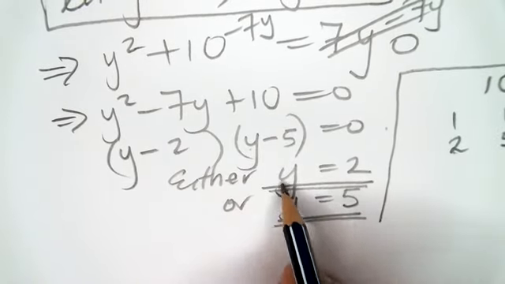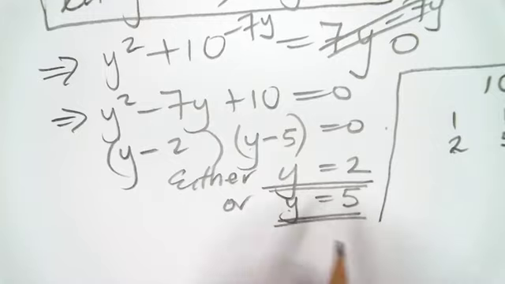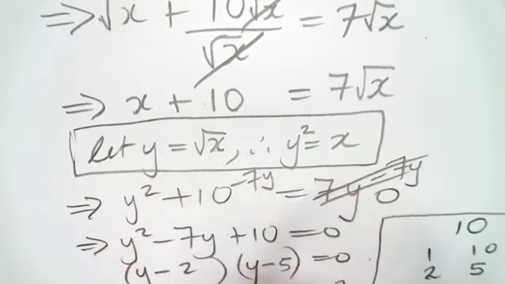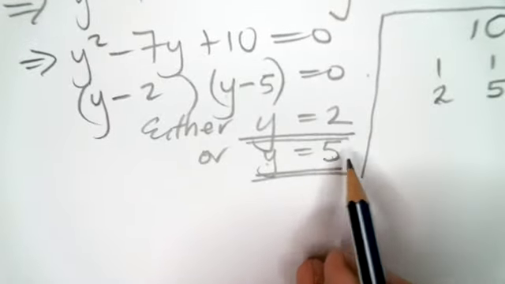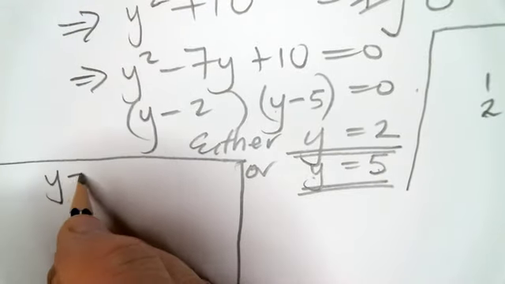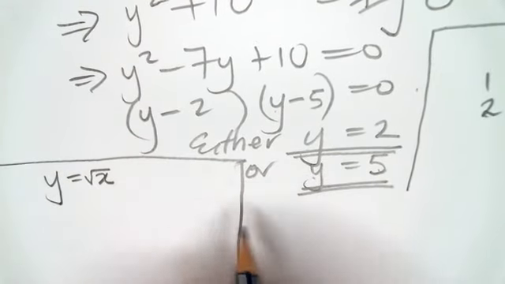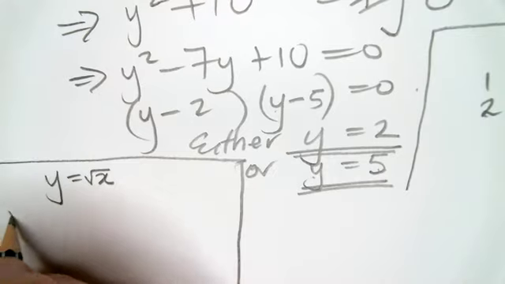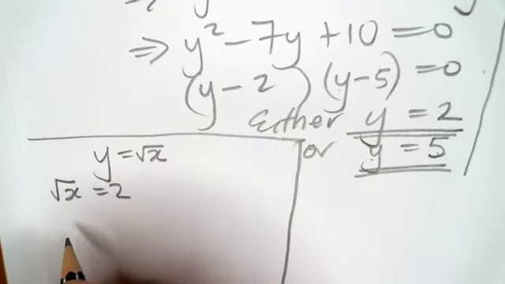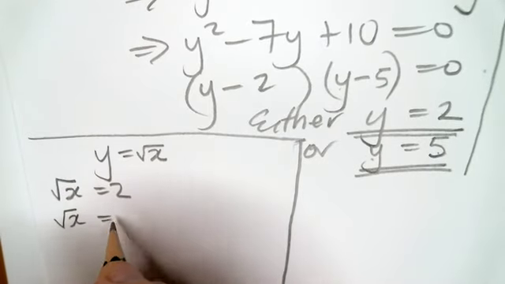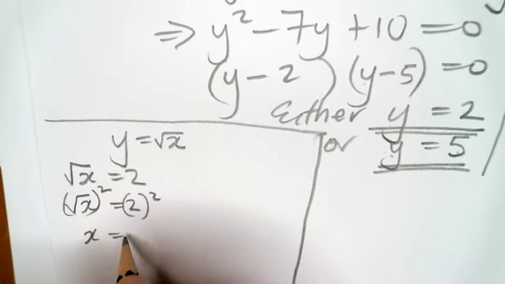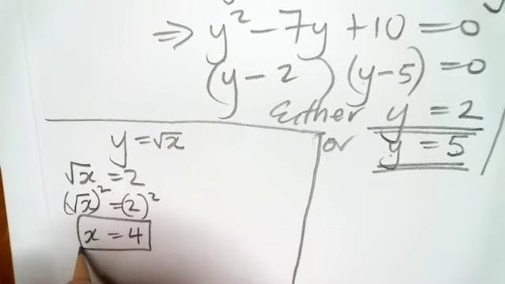And of course, it's not really y equals 2 or y equals 5 we're interested in. We're interested in what x is. Well, y is root x. It's really root x is equal to this and this. Well, let's test those things now, yeah? Because we know that y is equal to root x. So therefore, we can say we've got root x is equal to 2, which, if I was to square both of those, then x must equal 4.